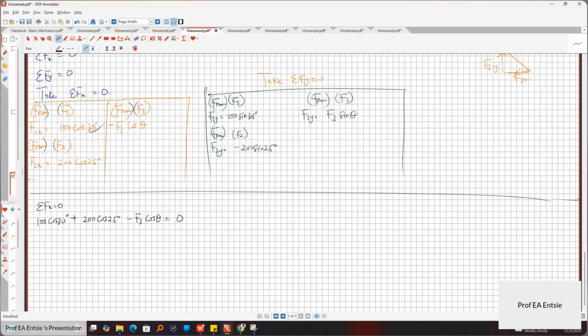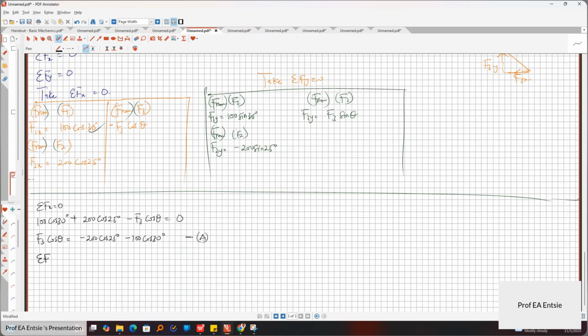So you arrange it, it will be F3 cos theta equals minus 200 cos 25 minus 100 cos 30. So this is equation A. Not always equation 1, equation A. Sometimes you need to change it.